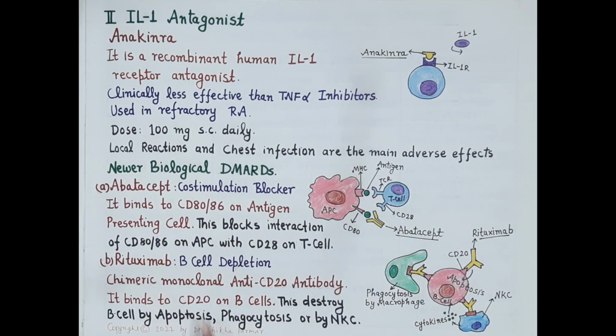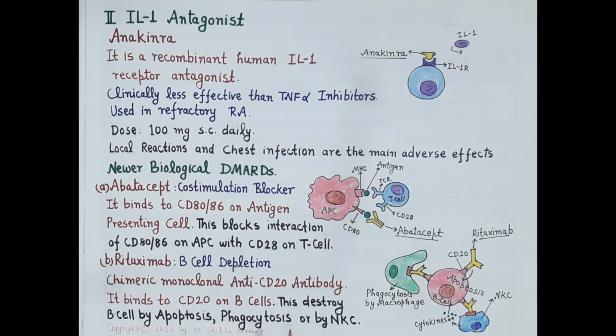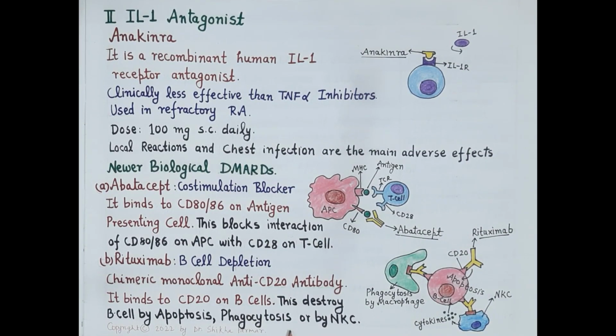So, this is how the biological DMARDs try to prevent or suppress the progression of rheumatoid arthritis, and this is how they produce remission. So, this is in brief the pharmacology of biological DMARDs.